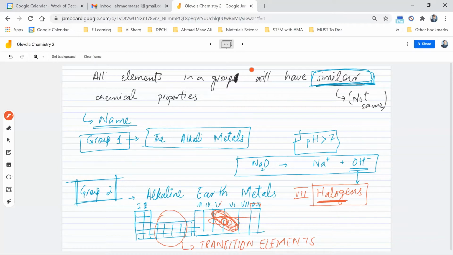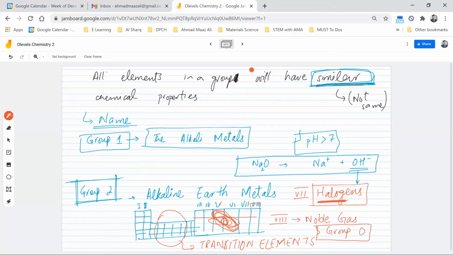And then finally we have group 8, which you all must know, the noble gases. They're called noble gases. It's sometimes also called group 0. Why is it called group 0?